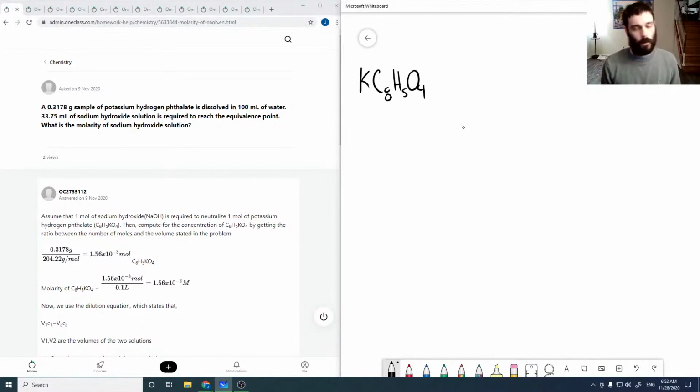Okay, so I don't think we need that. The potassium hydrogen phthalate is going to give us K plus and the hydrogen phthalate ion.